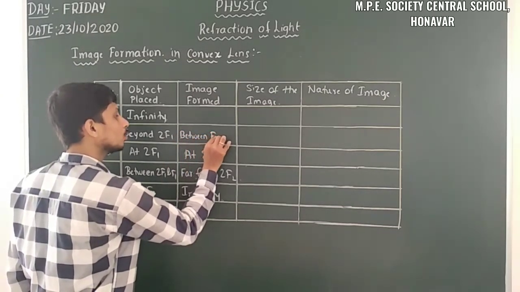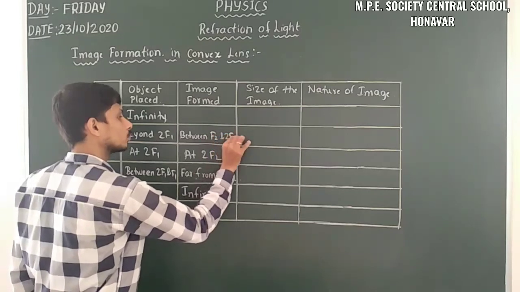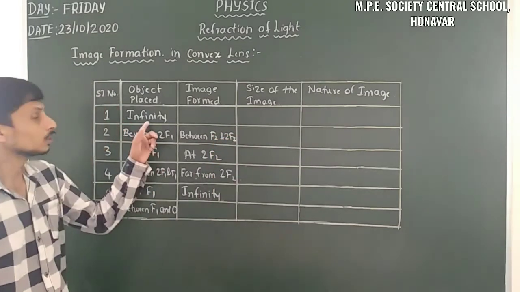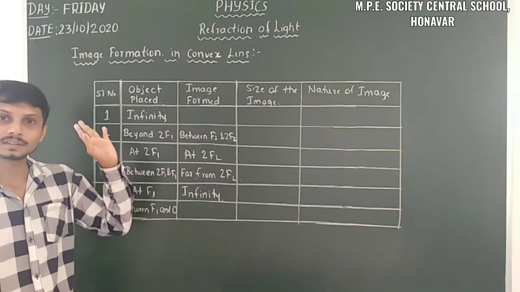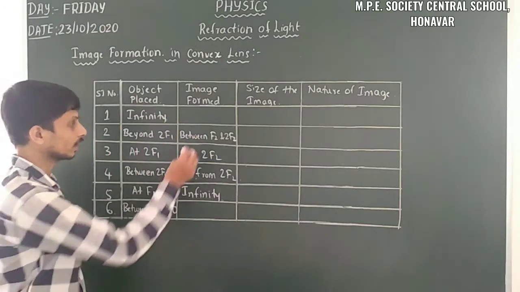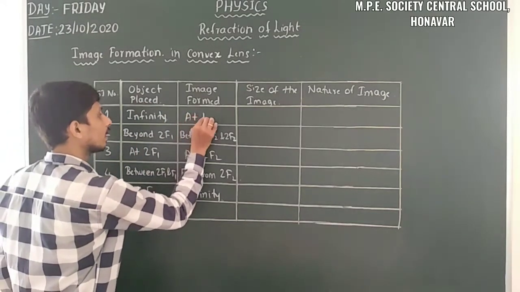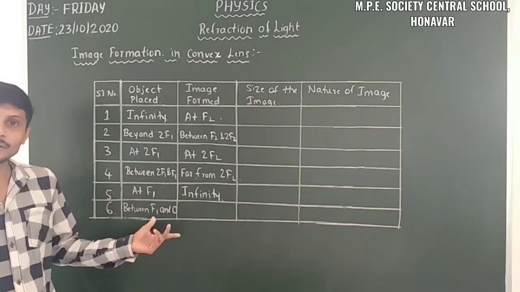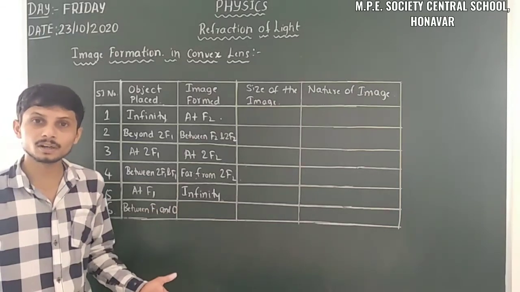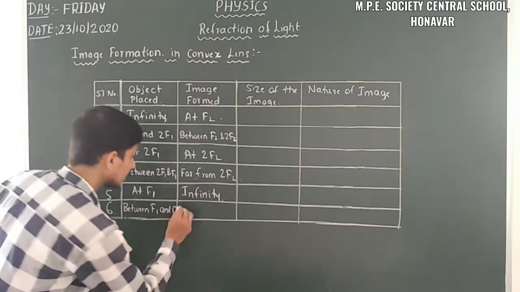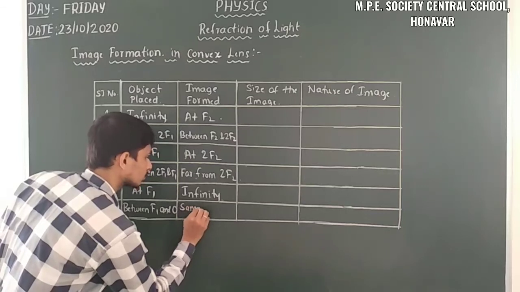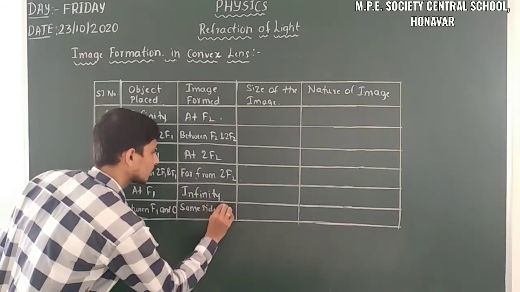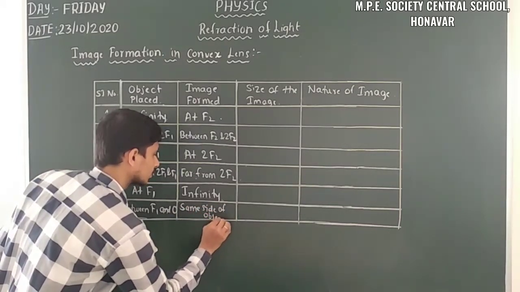Then at f1, the image is formed at infinity. Finally between f1 and O, we have the image on the same side of the lens, the same side of the object.